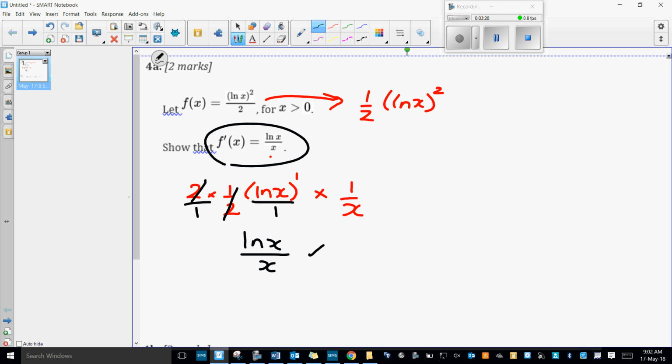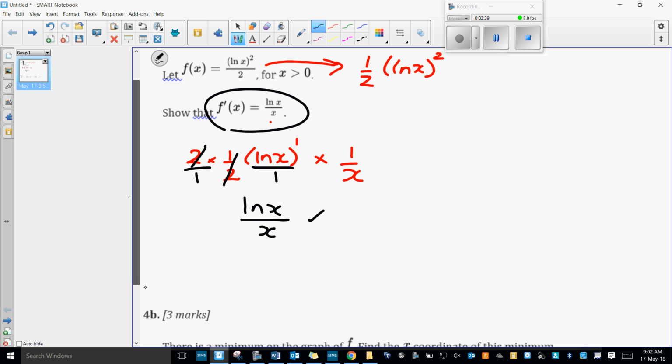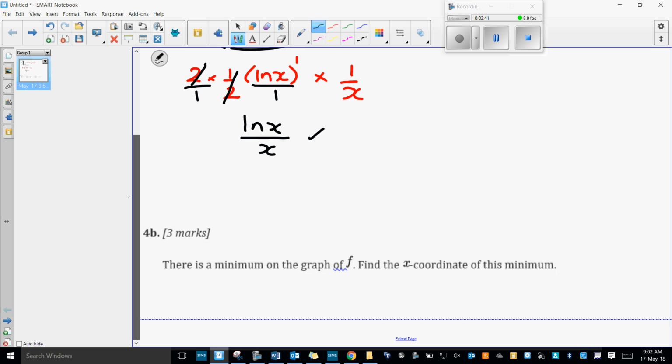Alright, now this is where you have to try and delve really deep into your brains. It's going to hurt for some of you. It says there is a minimum on the graph. Find the x coordinate of this minimum. Okay? Now, this is the deal. As I say, you did learn this way back in GCSE.